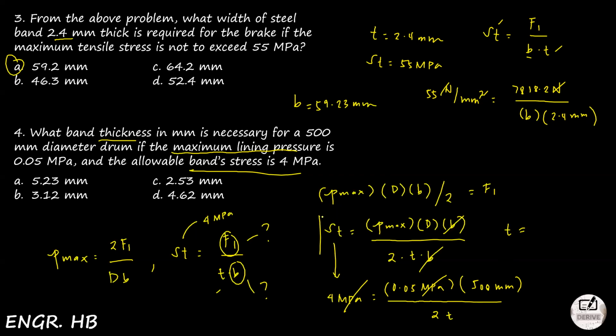So guys, this is another formula na pwede nyong ilista. Pmax times D over 2T. Sulat natin dito. So Pmax times D over 2T. So that will become, teka, no. 0.05 times 500 divide 2 divide 4.